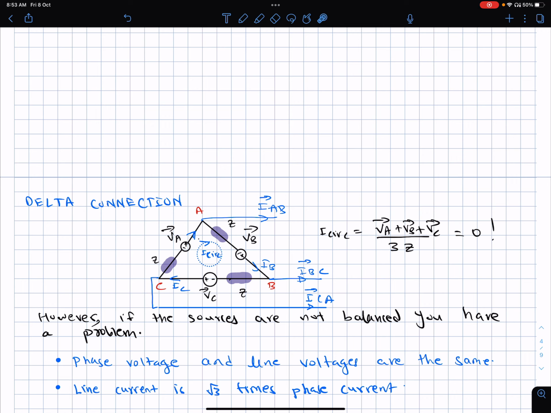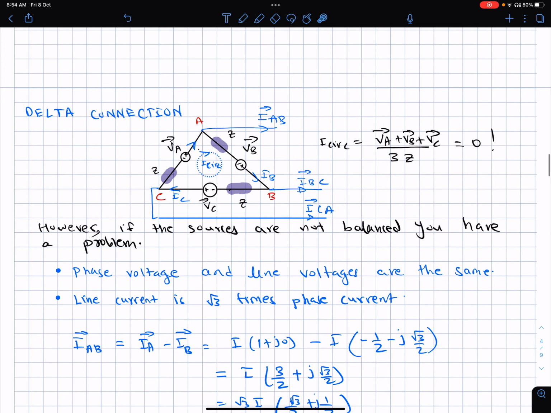However, if the delta connection is not balanced, then there will be a circulating current, which means there is an unnecessary loss taking place, which is not a good thing. Not only loss, because current will circulate, unnecessary voltage drops can also happen.